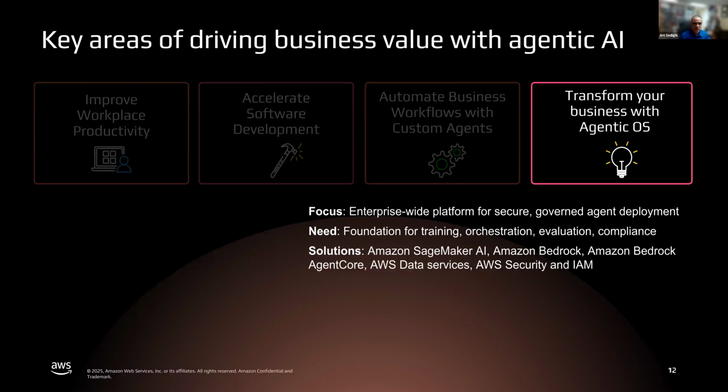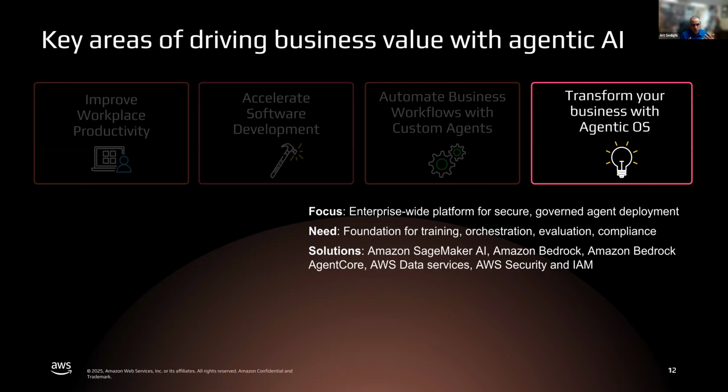Last but not least, is the organizations that are not looking at agentic AI as a one-off deployment, but looking at it as an evolving operating model of how they achieve growth in their business. They're building what can be thought of as an agentic OS, a secure governed platform that potentially supports a fleet of AI agents.